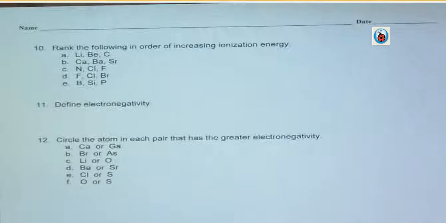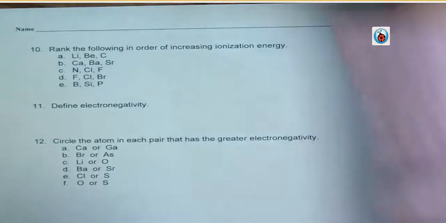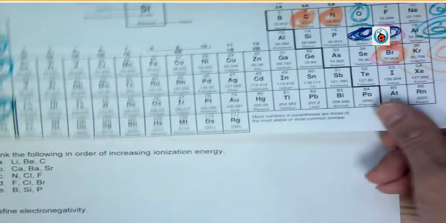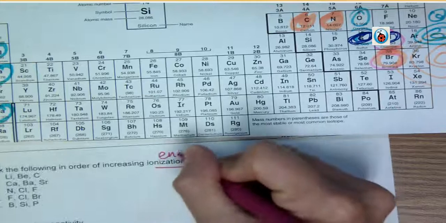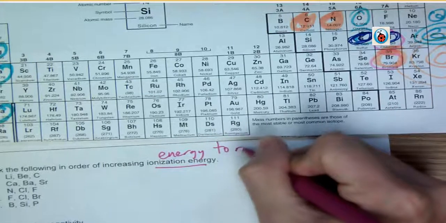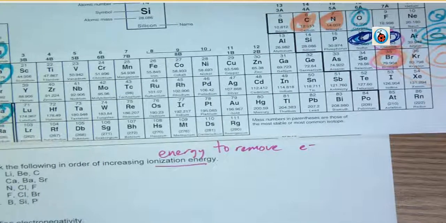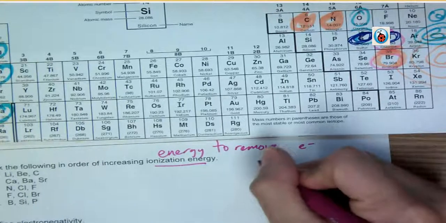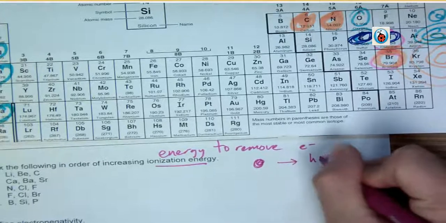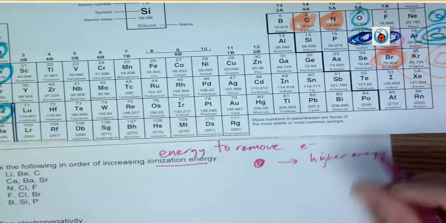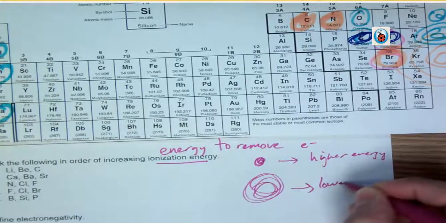And for these, again, just a quick review here. Let me go over number 10. Rank the ionization energy. Remember, ionization energy is energy to remove electrons from the outer shell. To remove an electron, the smaller atom takes higher energy, more energy, because the electrons are close to the nucleus, and the larger atom is lower because the electrons are far.